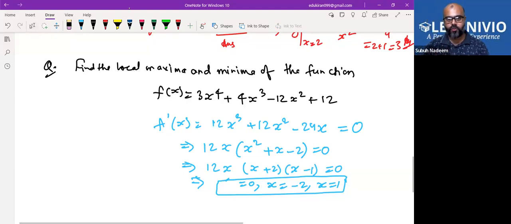Now you have to further tell which point is the point of minima or the point of maxima.